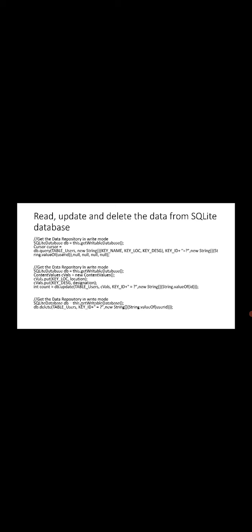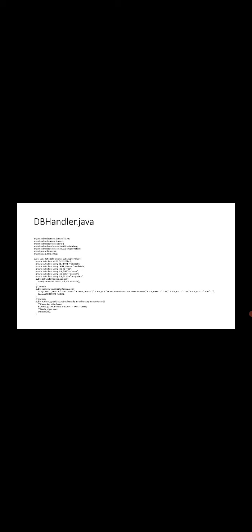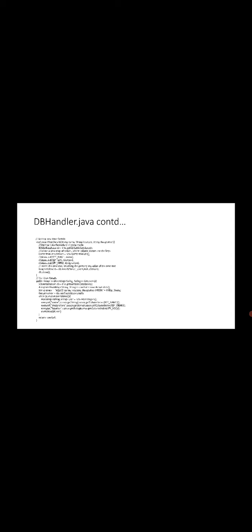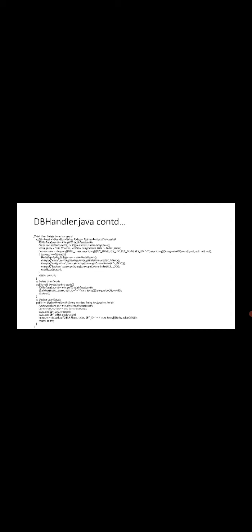And with the help of db.update, db.query and db.delete, we can read, update and delete the data from any SQLite database. Now this is the DB handler Java program or class for handling the SQLite operations programmatically, and this is the XML class with XML entries for connecting with the DB handler Java.